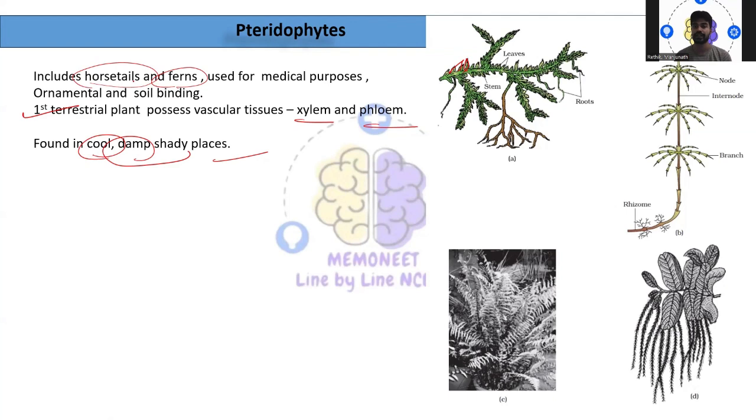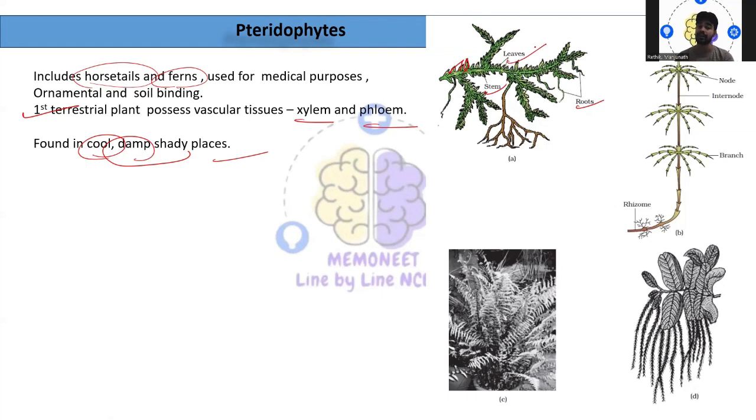In pteridophytes, again, as I told, they were the very first terrestrial plants. You will see them being very dominant on land when compared to bryophytes. The main plant body of the pteridophyte can be easily identified, and you can see the true root, stem and leaf structure on the body.